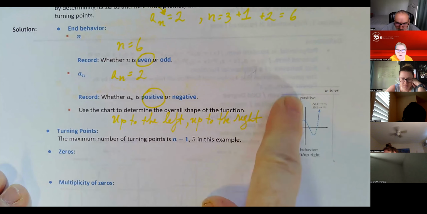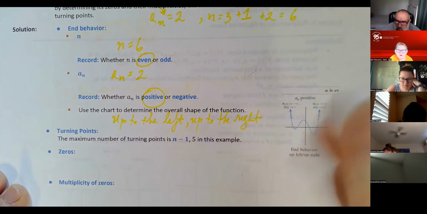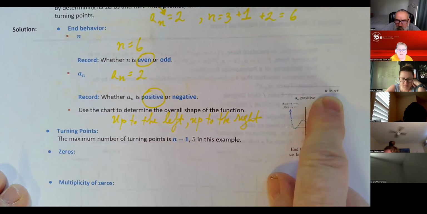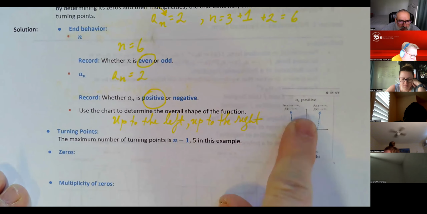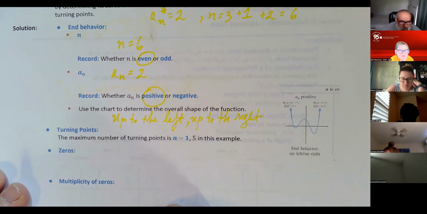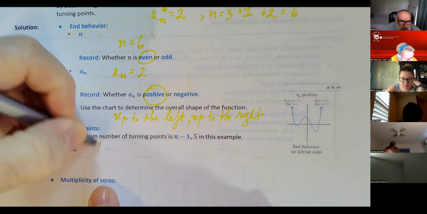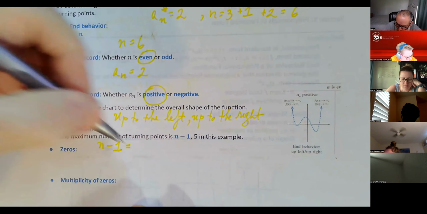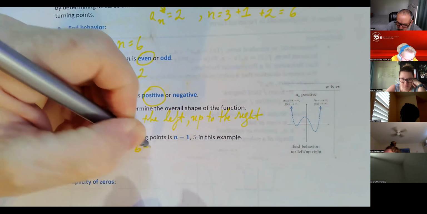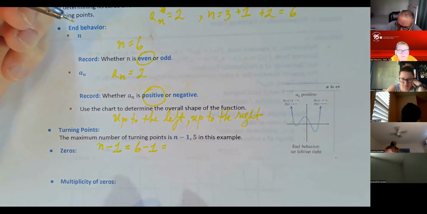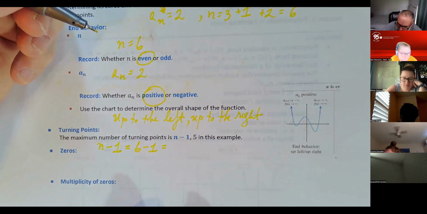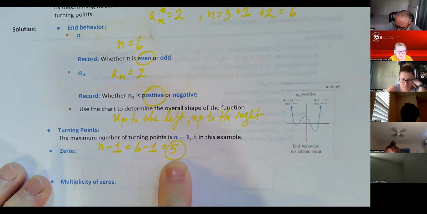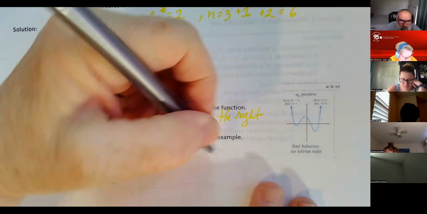It starts out positive and then it turns and comes back negative and then comes back and changes. The number of possible places where it turns is n minus 1. Well, our n is 6. 6 minus 1 is 5. Good. So we'll get at most 5 turning points.